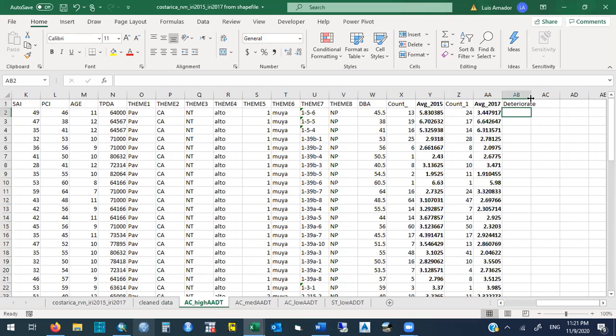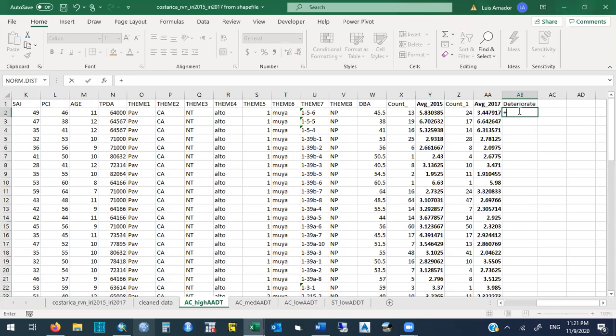Now, I need to extract those that are deteriorating. How do I know if a pavement is deteriorating? If the average is going up, it's deterioration. So 17 minus 15 is positive or negative? If it's positive, so we have deterioration.